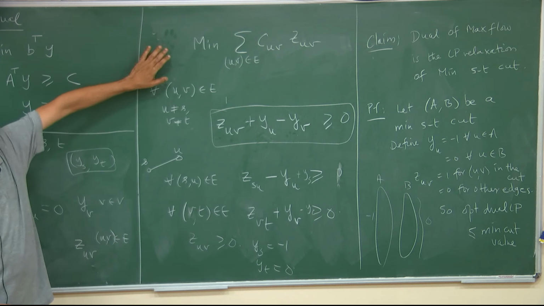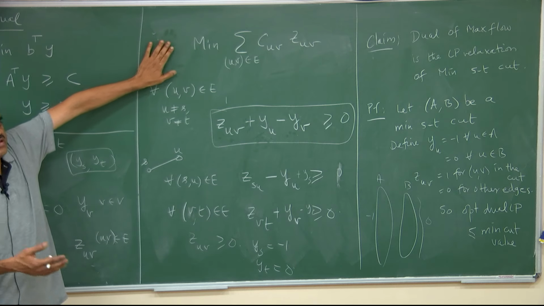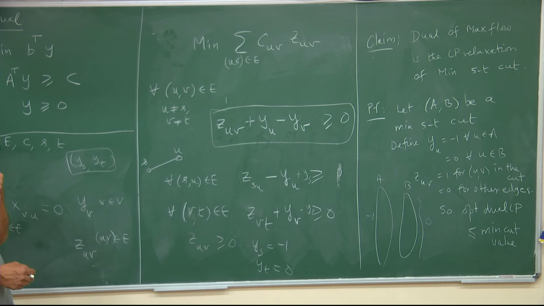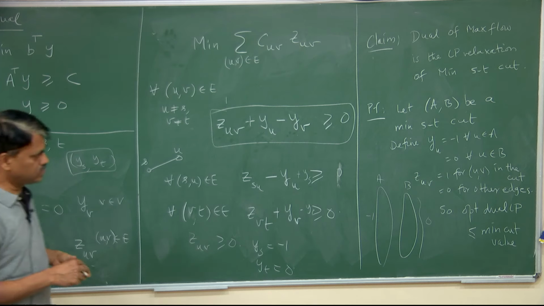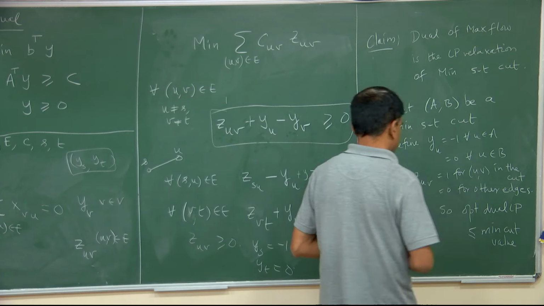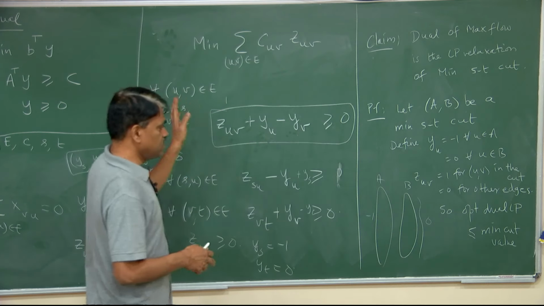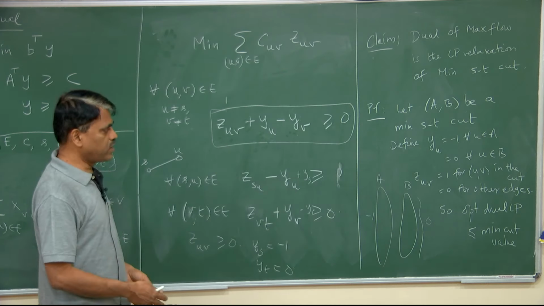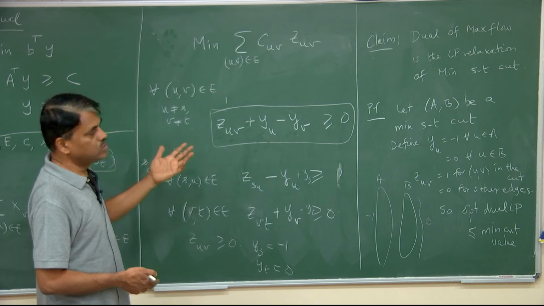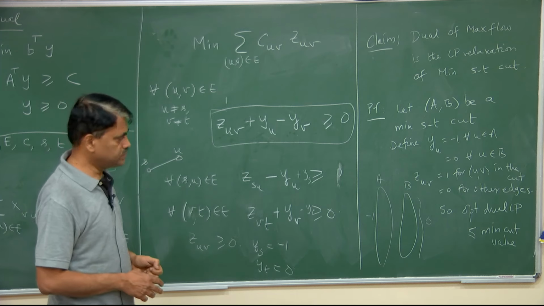So it's one solution. So the opt of the LP is, if anything, less than or equal to the min ST cut. Okay, and I will show you the converse as well: from the opt solution, I will obtain a cut whose value is less than or equal to the opt of this. Right?